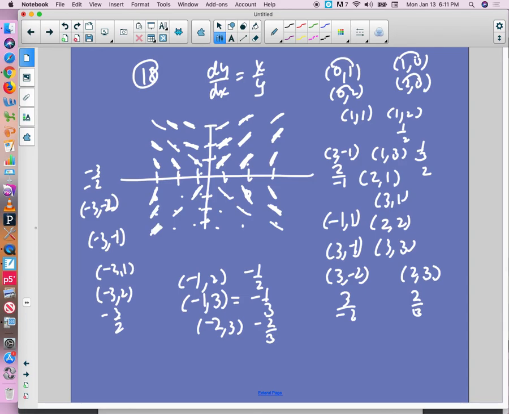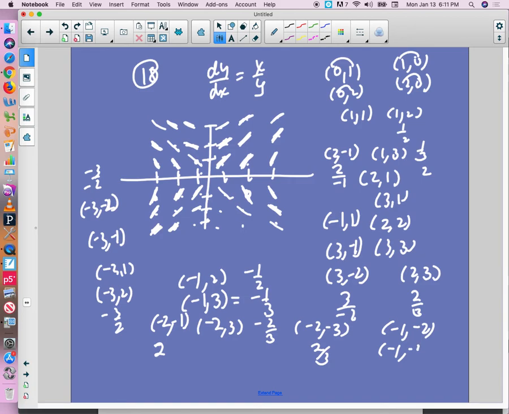And then here we got 1. Negative 2, negative 1 gives me 2, so pretty steep. And right here, negative 2, negative 3 gives me 2/3. And negative 1, negative 2 gives me 1/2.